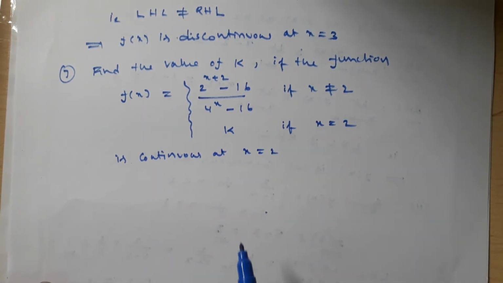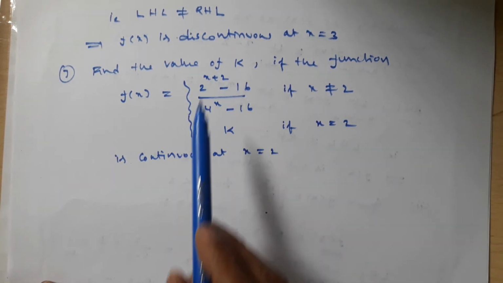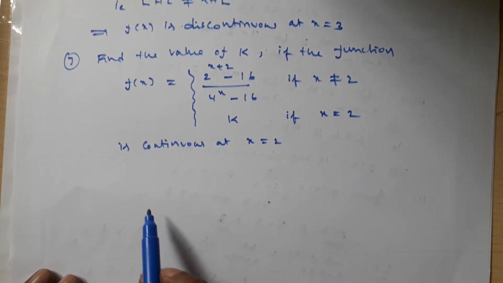So if the function is continuous at x is equal to 2, then what is the value of k?